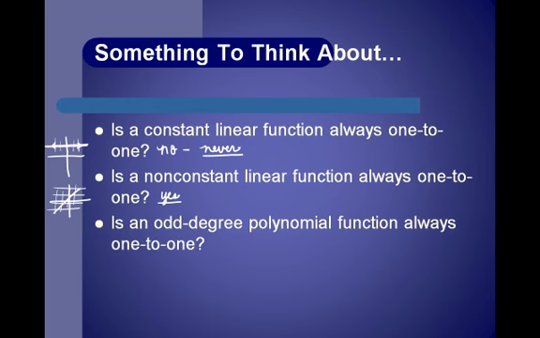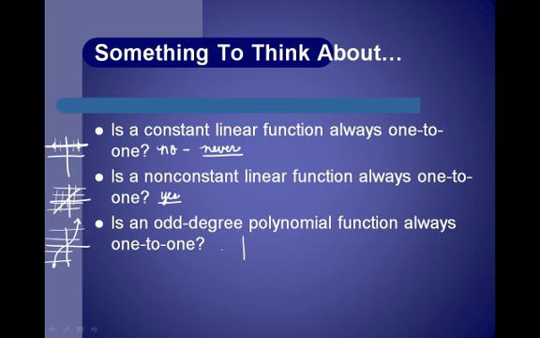Number 3, is an odd degree polynomial function always one-to-one? Well, if you'll remember, the graph of y equals x to the third looks like this right here. It passes the vertical line test because it is a function. It's going to pass the horizontal line test, so it appears that it would be one-to-one.